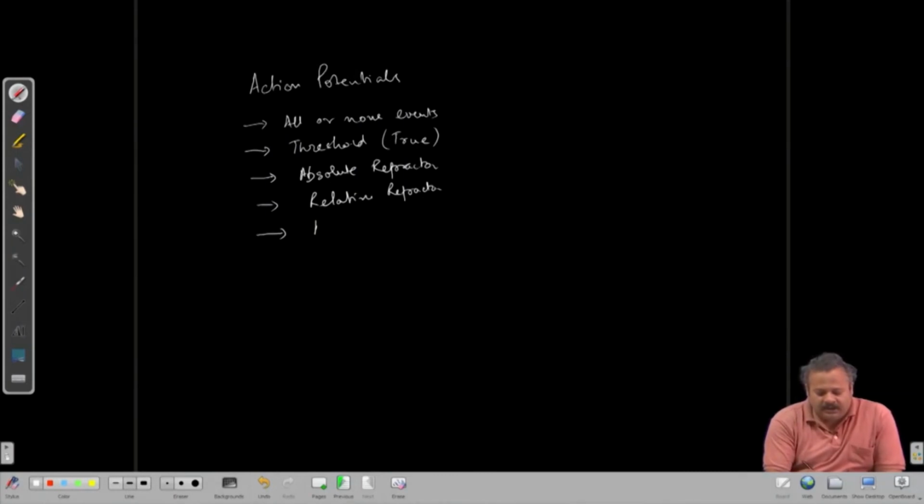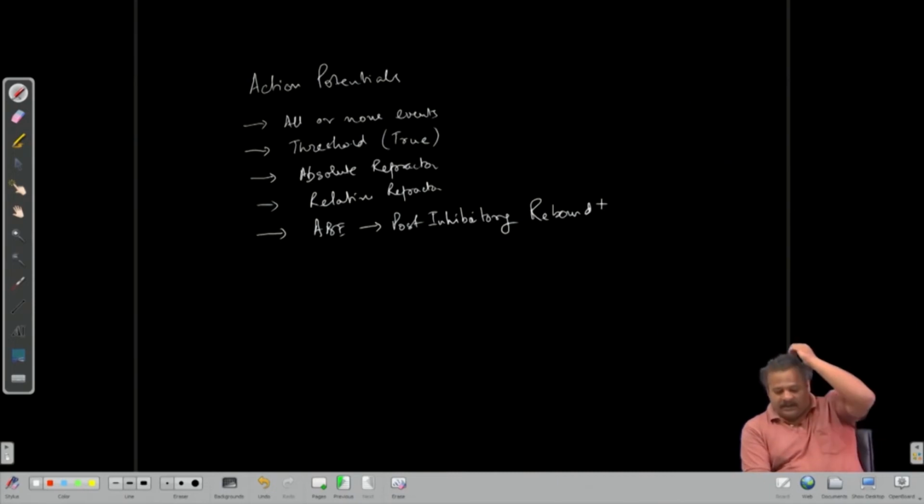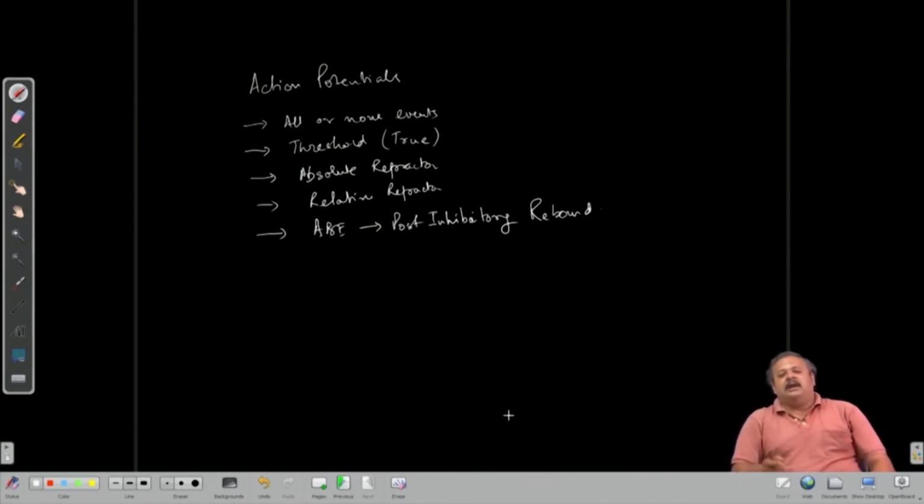We have something called the anode break excitation, which we will see later as a post inhibitory rebound phenomenon. That is, a hyperpolarizing current is essentially an inhibitory input, and this post inhibitory rebound, which is basically an excitation or spiking after an inhibitory period, is because of the anode break excitation phenomenon.